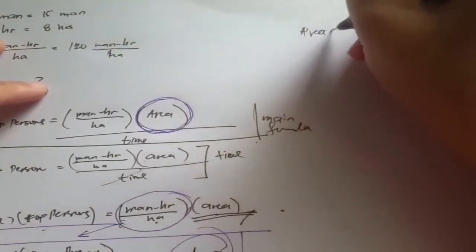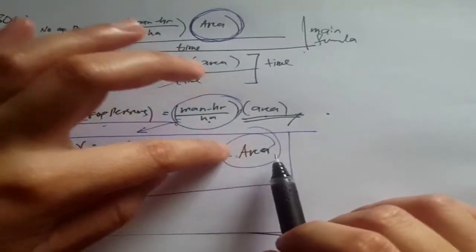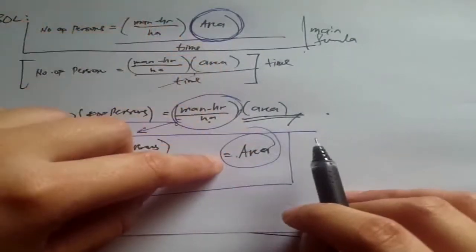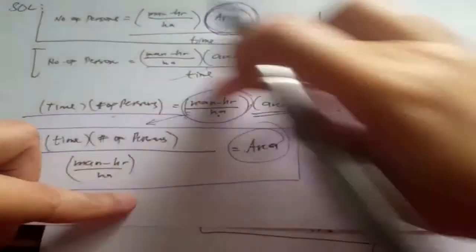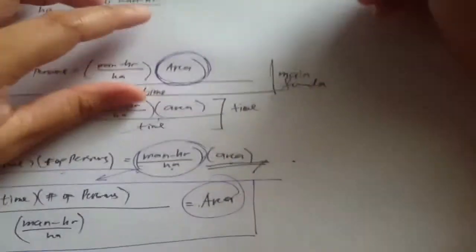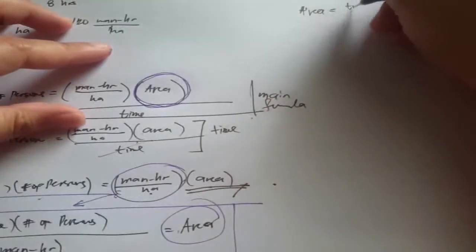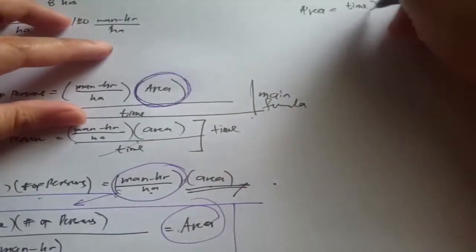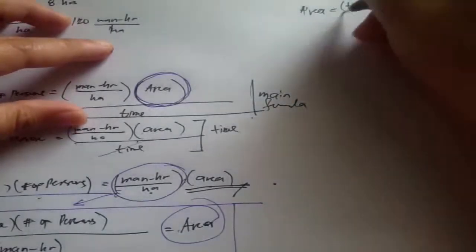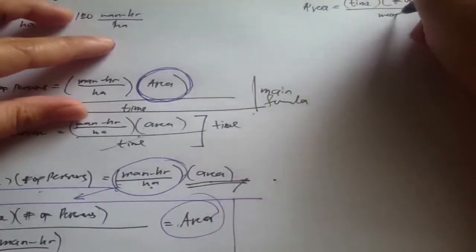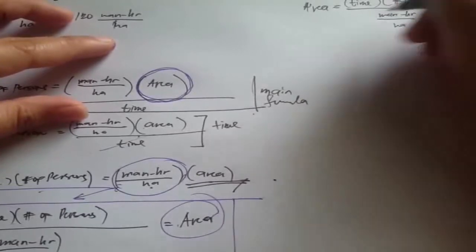Let me rewrite this formula here. You can switch the position, so let us move the area to the left side and this whole term to the right side. Area is equal to time times number of persons divided by man-hour per hectare.